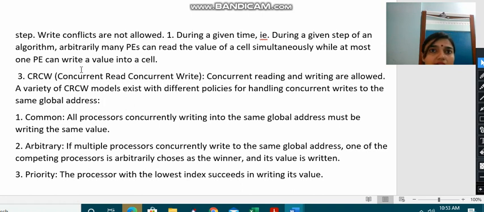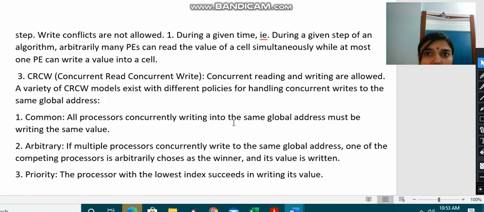It means concurrent read and concurrent write. More than one processor can read the value from the cell, and more than one processor can write a value into the cell, but it leads to a write conflict. So in order to handle this write conflict, again we have three types of CRCW model, and they are the common, arbitrary and priority. The common CRCW means all the processors concurrently writing into the same global address must write the same value.